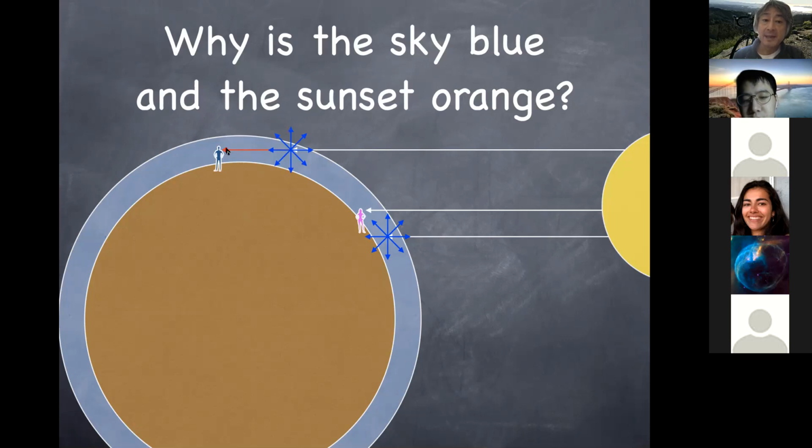What remains is mostly the red portion of the spectrum, and that's why the sun looks red at sunset. So the sky is blue and the sunset orange because of Rayleigh scattering, which preferentially scatters light of shorter wavelength, hence the blue light. I'm sure you know this story, but any questions about this?